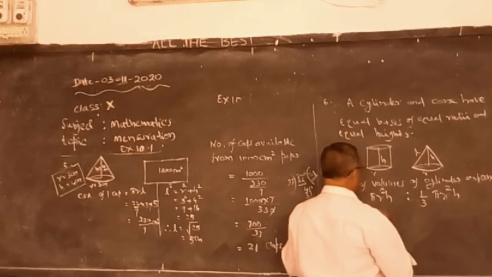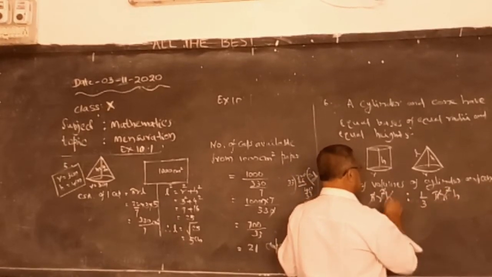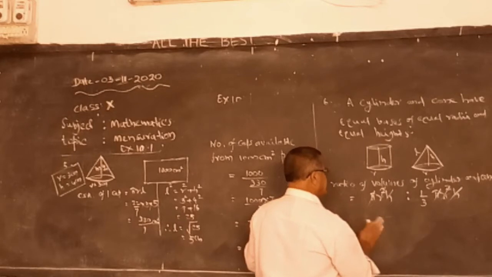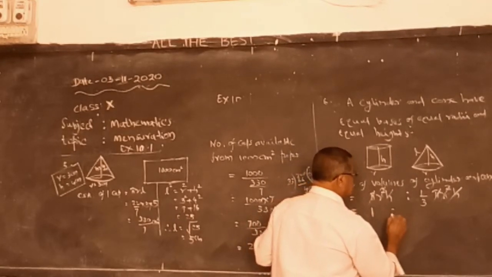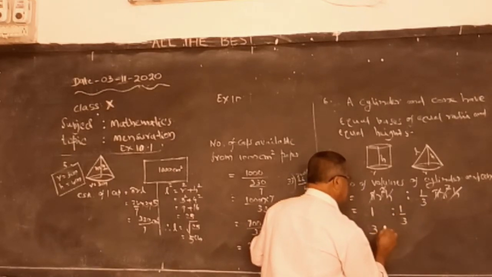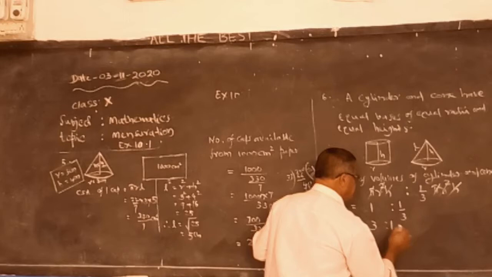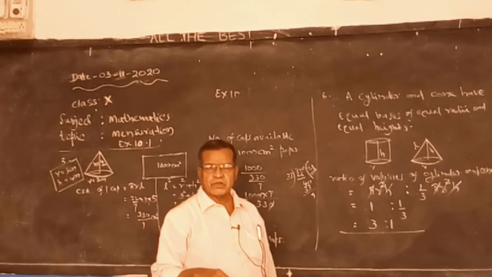Now see, pi cancels, r square cancels, h cancels. They are completely cancelled, so 1 remains and 1/3 remains. So the ratio is 3:1.